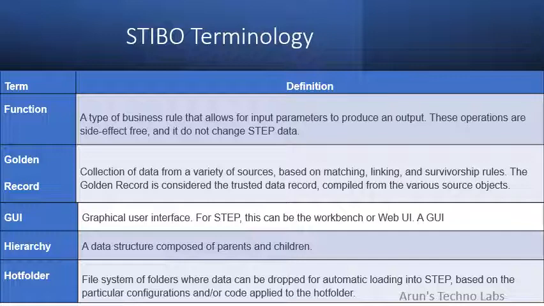And golden record is the collection of data from a variety of sources based on matching, linking, and supervising rules. It is very rarely used, as per my experience. This is not used as of now.